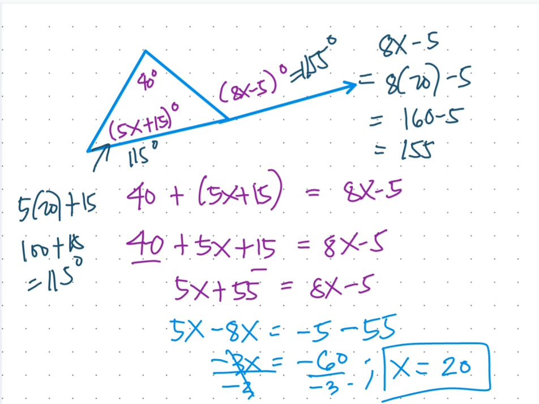Okay, let me take a look. Polygons. Triangle PQR is congruent to triangle STV, okay, corresponding parts. This is what I said, corresponding parts of congruent triangles are congruent.